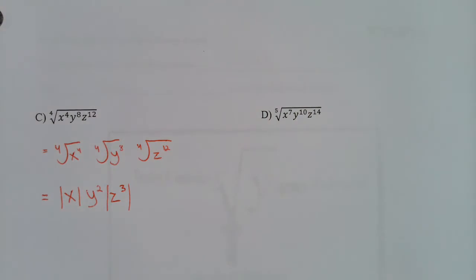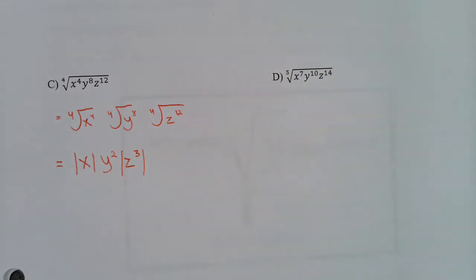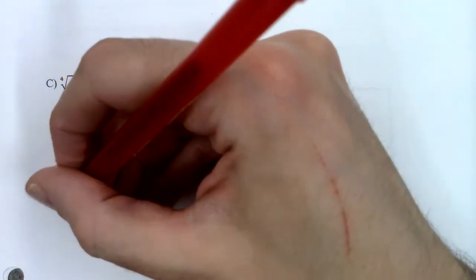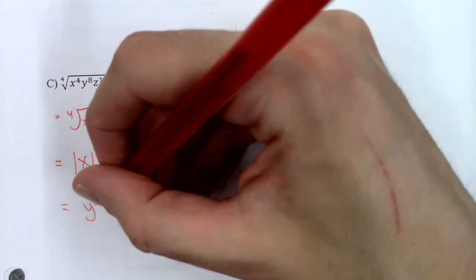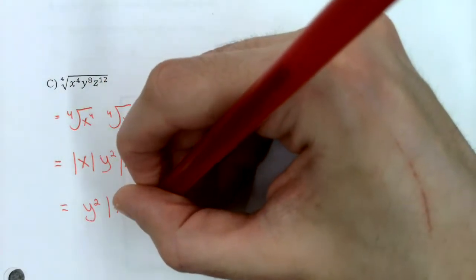And you have to be careful. Whenever you have more than one absolute value symbols, you have to combine those into one. You can only use one set of absolute value symbols in your final answer. So I'm going to put the y squared first, and I'm going to put all the absolute values in one.